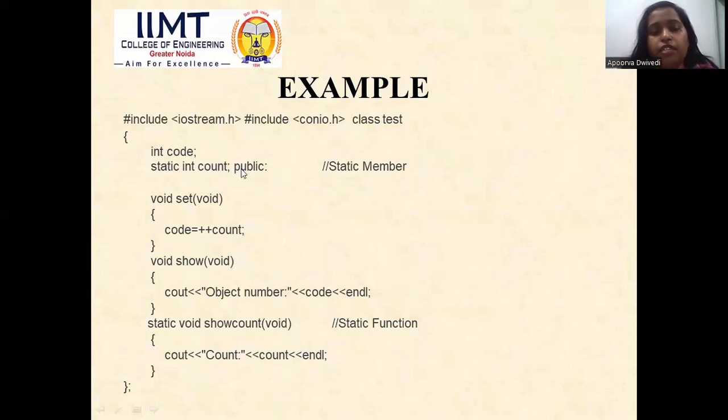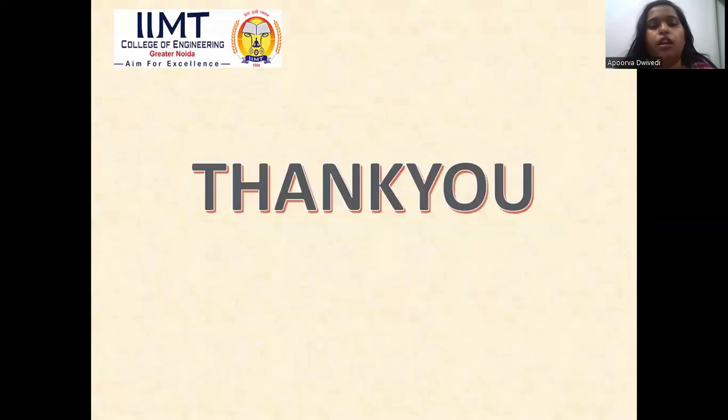Public is not a variable, it is an access specifier. Next is void code equal to plus plus count. The code will store the updated value of count. This is basically a C++ program, so the same concept is used in C++ too.